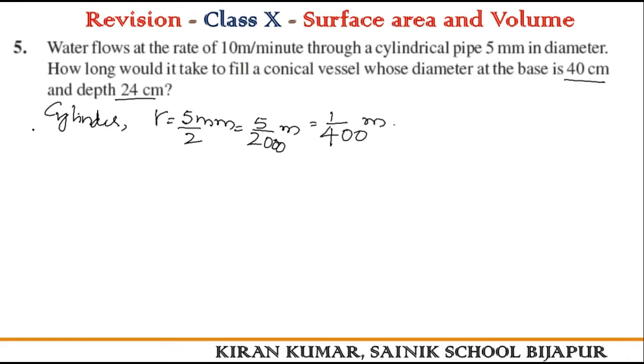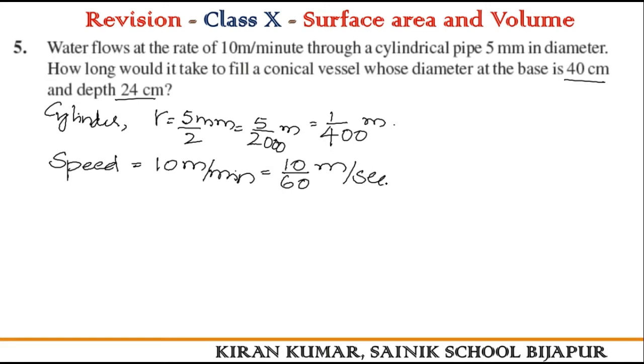This is the radius, and they have given the speed. Speed of the water flowing is 10 meter per minute. When I convert this in terms of a second, it will be 10 by 60 meter per second, which is 1 by 6 meter per second.